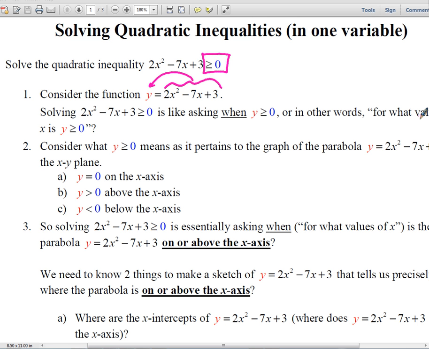In what parts of the xy plane, which goes on forever, is y greater than or equal to 0? Where is y greater than 0 on the xy plane? When you're above 0, but tell me, be descriptive in terms of what the xy plane looks like. So if I have the xy plane, let's just graph that real quick.